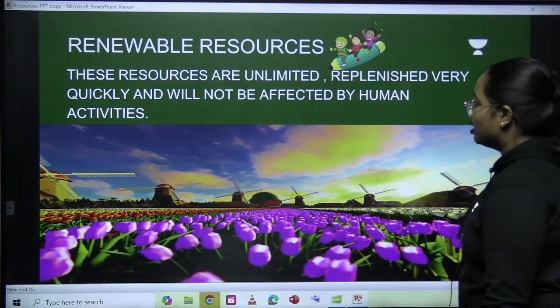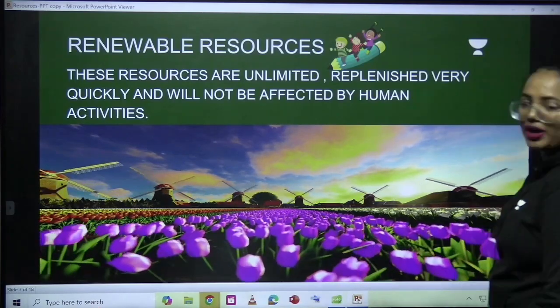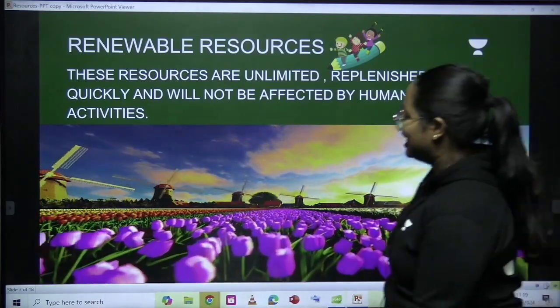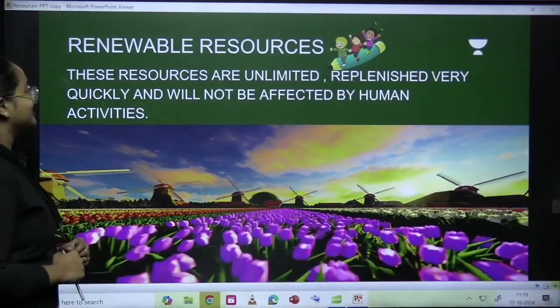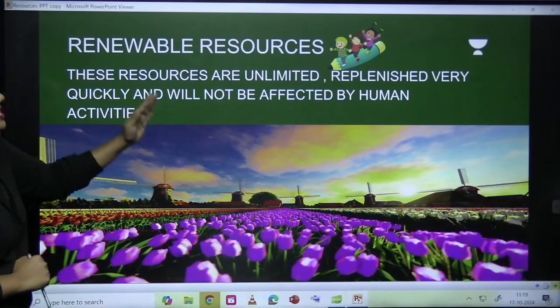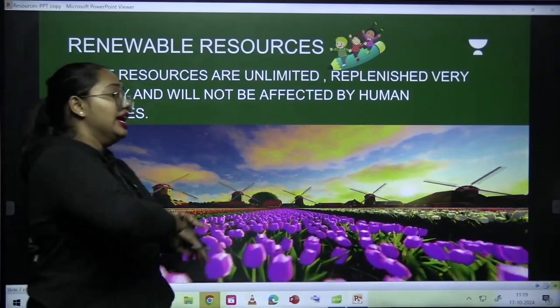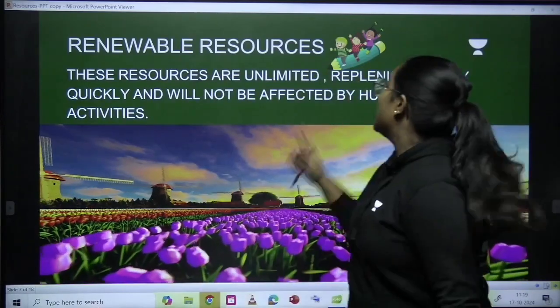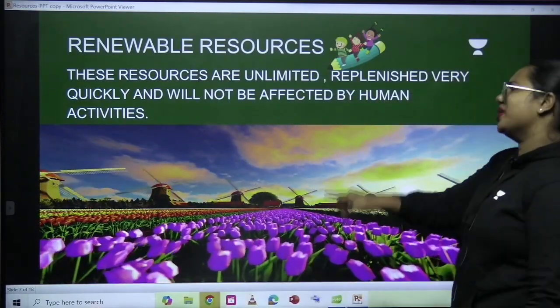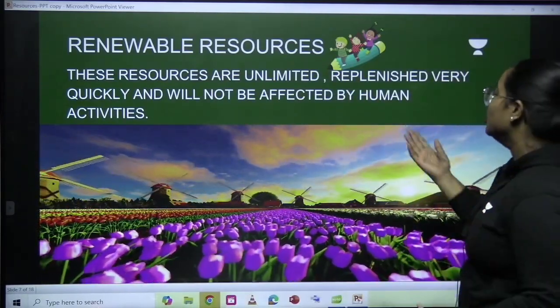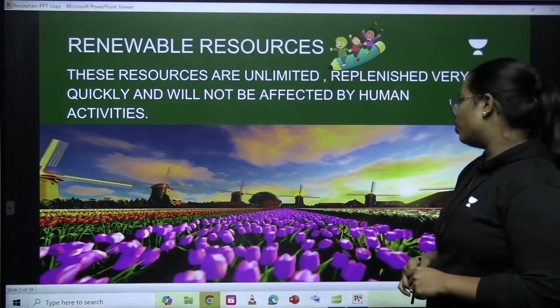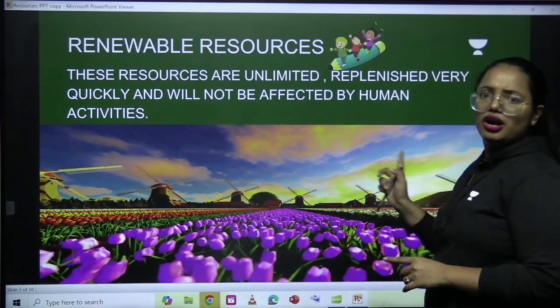Look at this. Wonderful, right? So renewable resources. What are they? These resources are unlimited. They are available in an unlimited quantity, replenished very quickly, and not affected by human activities. What do you get from this picture?